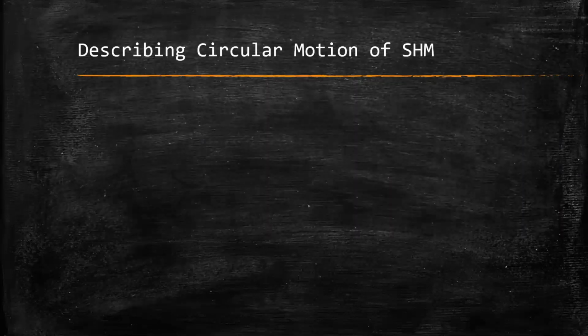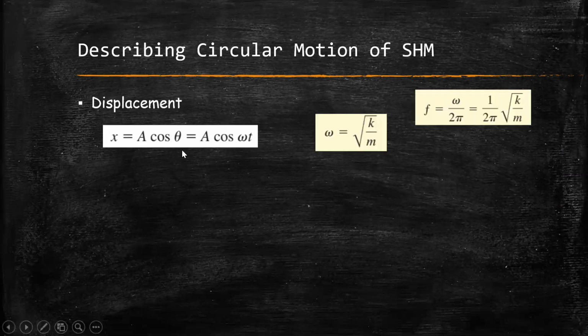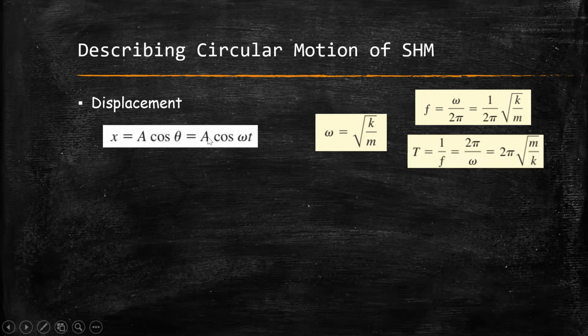In describing this circular motion, we have the displacement, which is equal to A cosine of the angular frequency times time, wherein the angular frequency can be defined by the square root of the spring constant over the mass. Same with the frequency and period, which can be defined in terms of the spring constant and the mass.